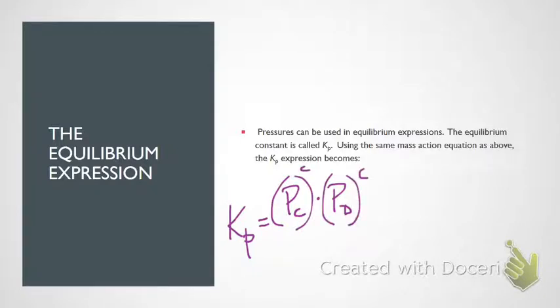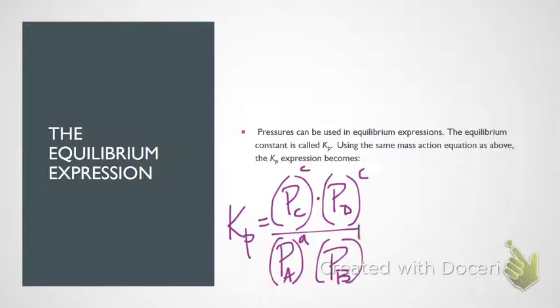You don't even necessarily have to put the parentheses if you don't want to, but do not put the brackets. If you do the brackets, that indicates concentration, and it's wrong. And I promise you someone will do that, and I will count it wrong, and you'll be mad, and you'll say, you knew what I meant. But I'm telling you, do not use brackets for pressure.